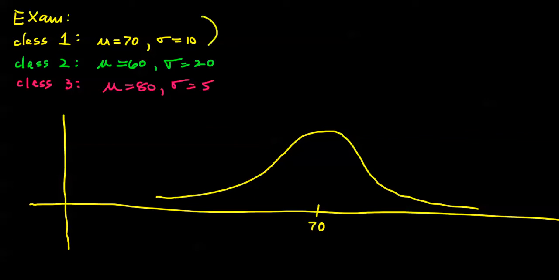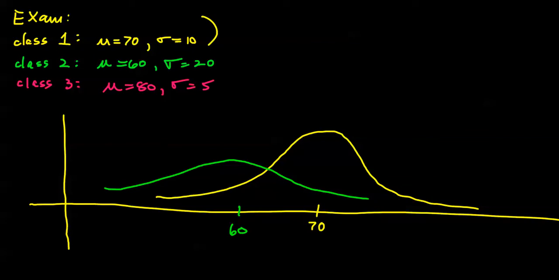Let's draw class 2 in the same green. Class 2 has a mean of 60. So their distribution of scores is going to be shifted down to the left, and their standard deviation is higher, so we're going to have a wider, shorter bell, if you will. Still, the total area under the curve is going to equal 1.